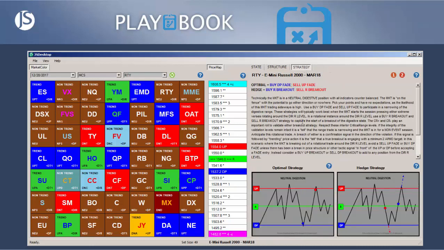So if we're in a neutral digestive market state with sentiment balanced, the optimal strategies are to fade moves into the extremes or accept a breakout signal from the midpoint. This is the fact foundation or context for the trade.